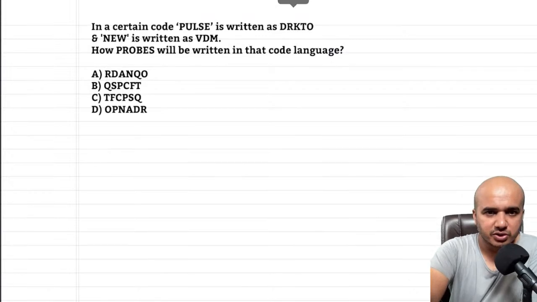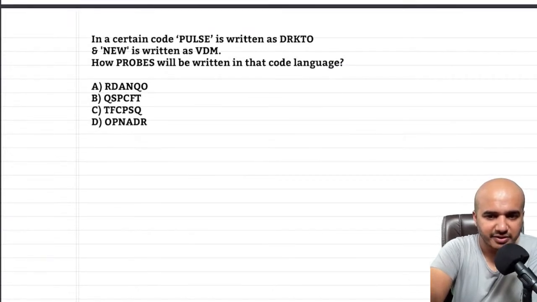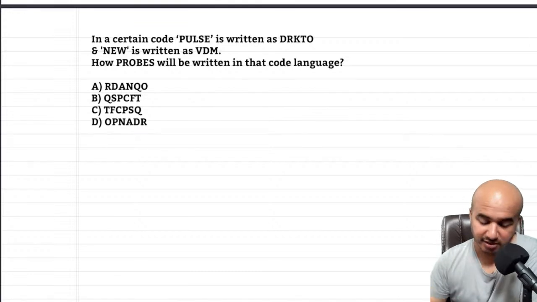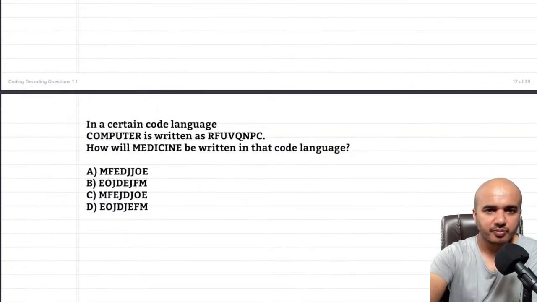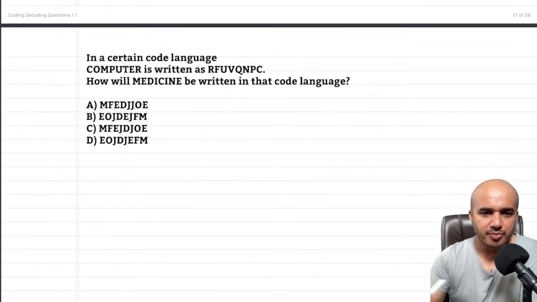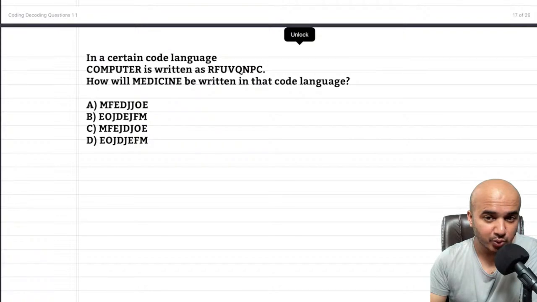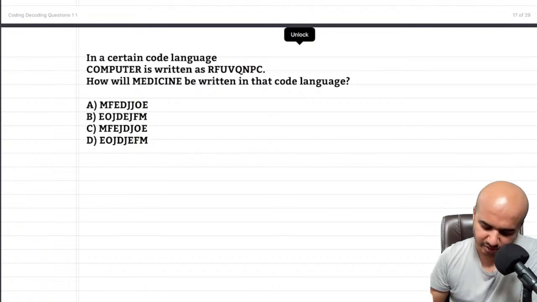So this is the last question of coding and decoding. Let's see what exactly is happening here. Pulse is it? Okay, this will take time. Let's not do this. Okay, let me take up this question. Computer is written as RFUVQPC. Okay, this we can do.